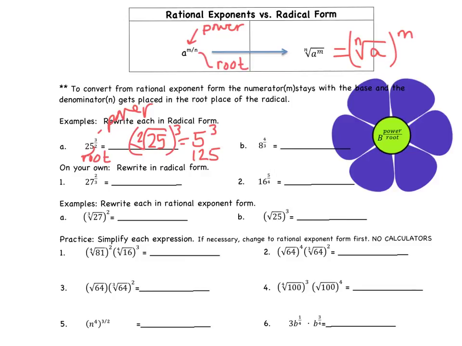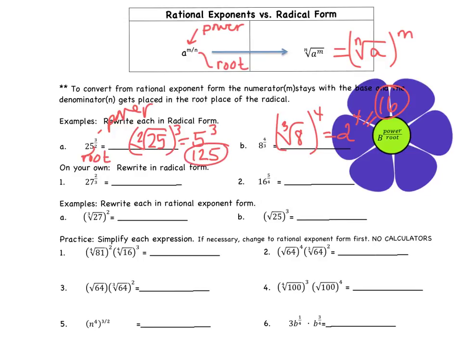Using that same rule again, we rewrite this as the 3rd root of 8 to the 4th power. 8 is one of those numbers where we should recognize the 3rd root. That's 2, and 2 to the 4th power is 16. So by simplifying, both of those become much nicer to look at.